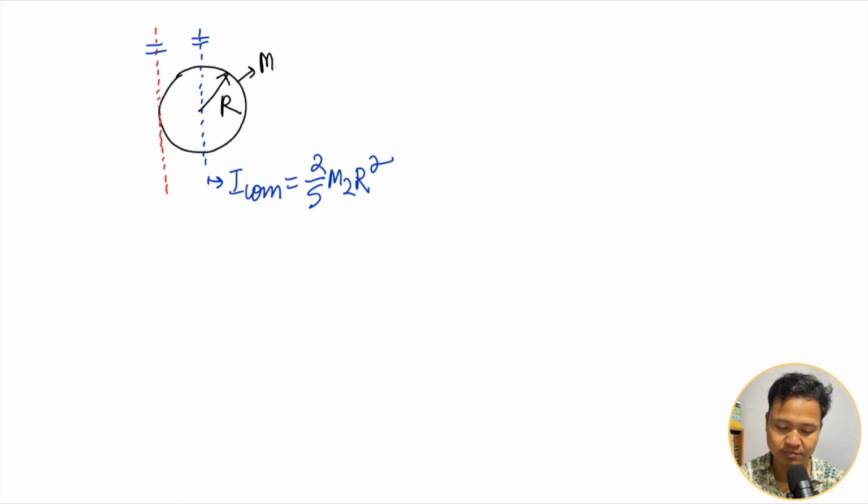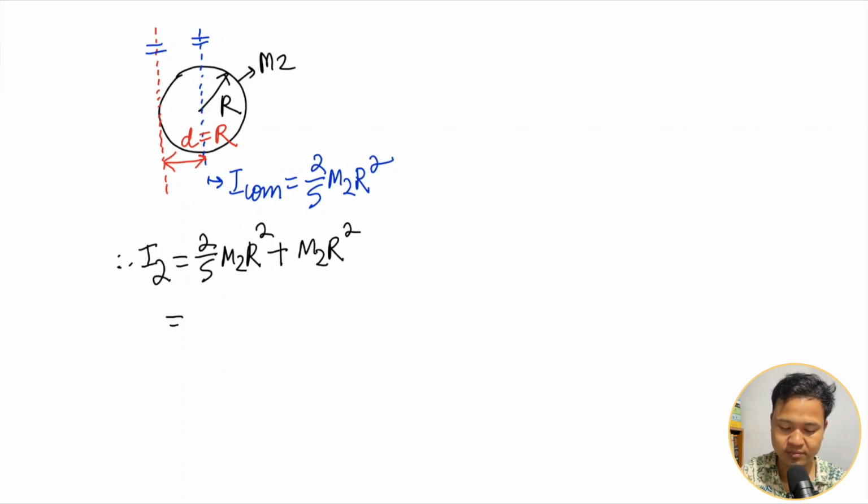Then we add M2 d squared, where d is the distance between the two axes. What is d here? Here d is r. So therefore I2 is I COM plus M d square: 2 by 5 M2 r square plus M2 r square, which gives 7 M2 r square divided by 5.